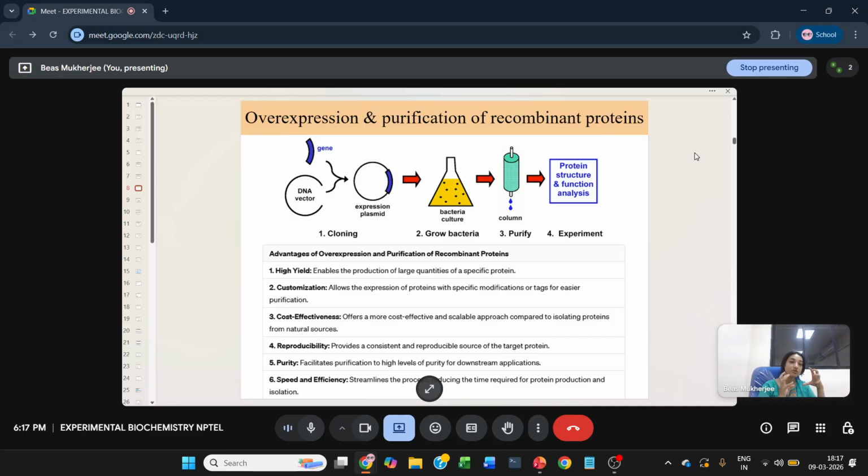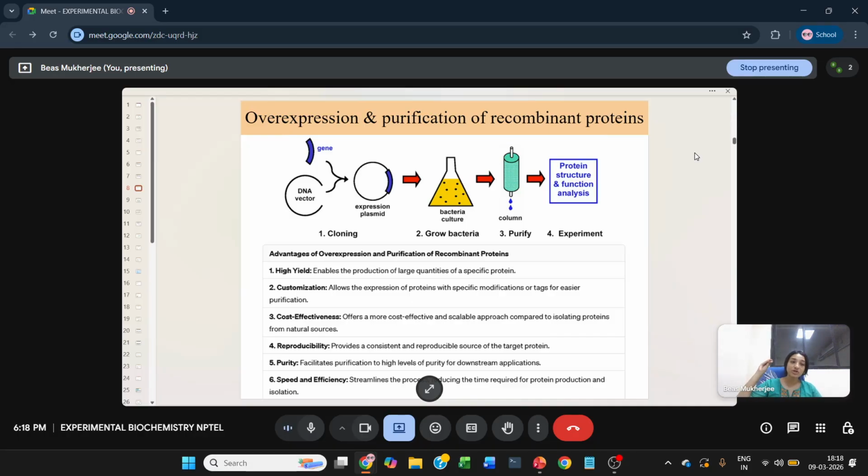All the proteins are extracted, sonicated, centrifuged, and then the soluble part is removed and filtered, and then passed to the chromatography column. You can use affinity chromatography, and after that you can go for size exclusion chromatography, or ion exchange chromatography, whatever suits you. And then you will go for protein structure and functional analysis after concentrating the protein.